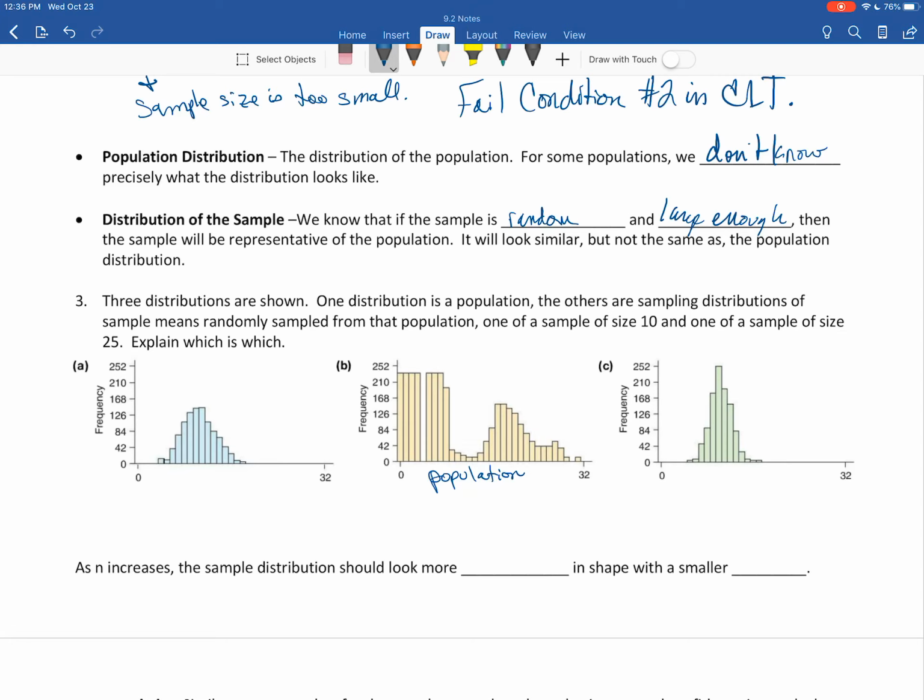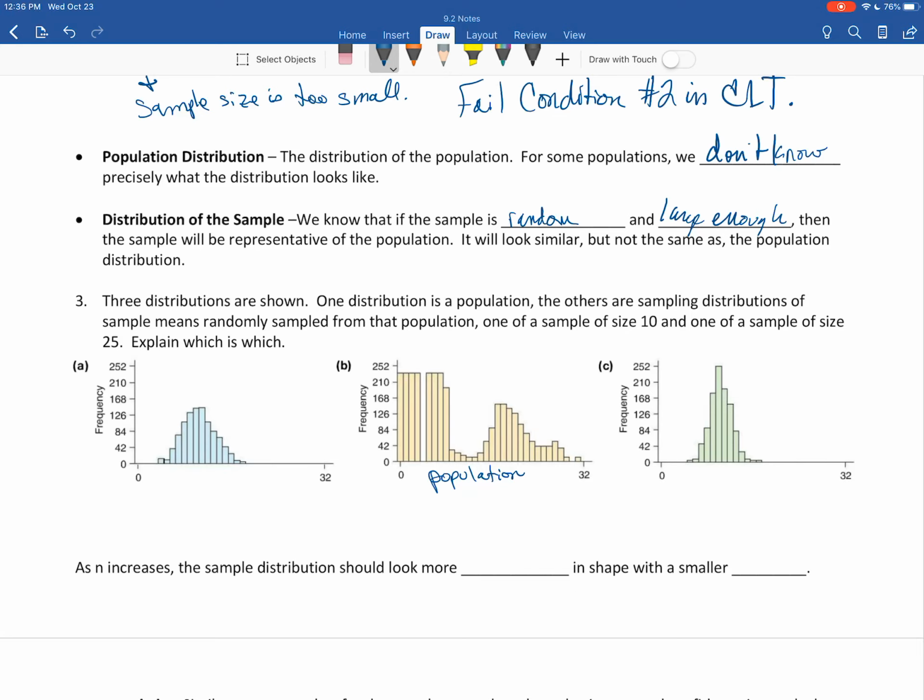Now, if we were to take random samples from this and make that distribution of means, what should happen is that as our sample size increases, it should start to look more and more like a normal curve, and its standard error should come in. My A and my C both look fairly normal, unimodal and pretty symmetric. So the way I'm going to tell them apart is their standard errors.